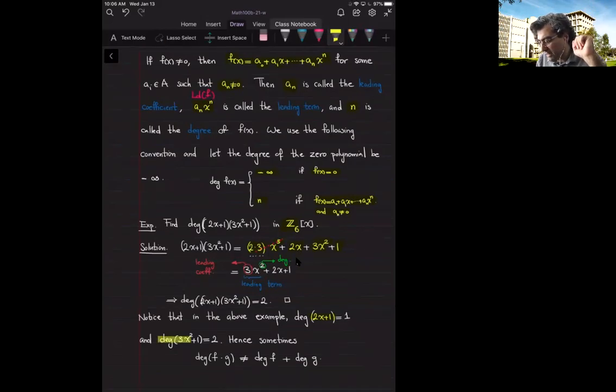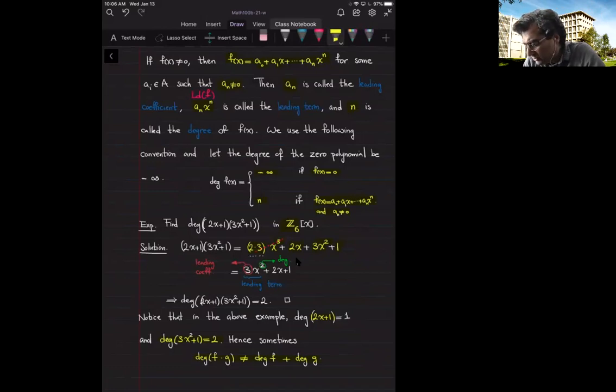And the degree of 3x squared plus 1 is 2. So in this example, we see that the degree of a product of two polynomials is not necessarily the sum of the degrees in general. So this formula that we used in calculus, and it's pretty useful, fails.